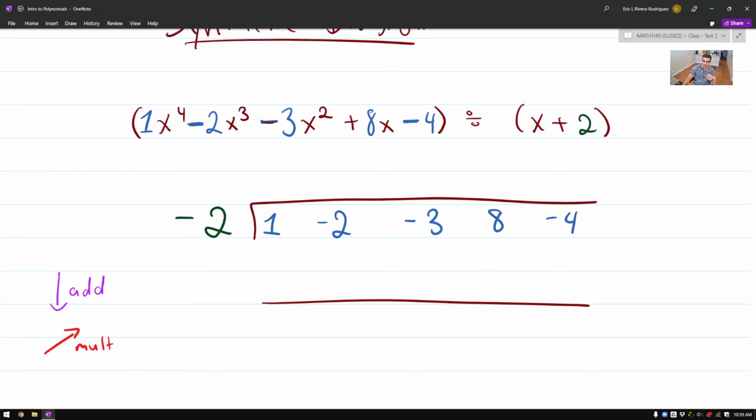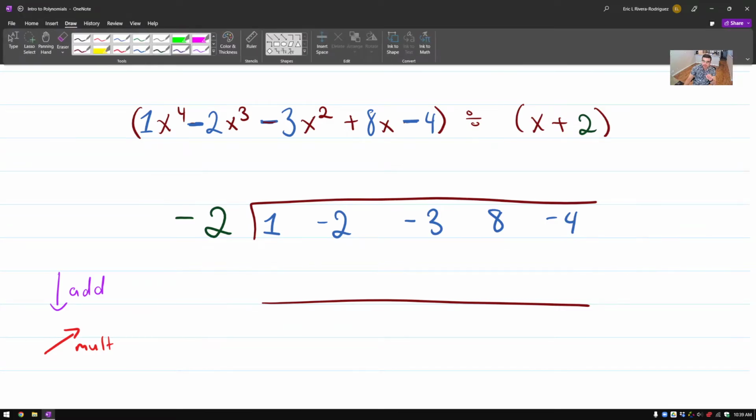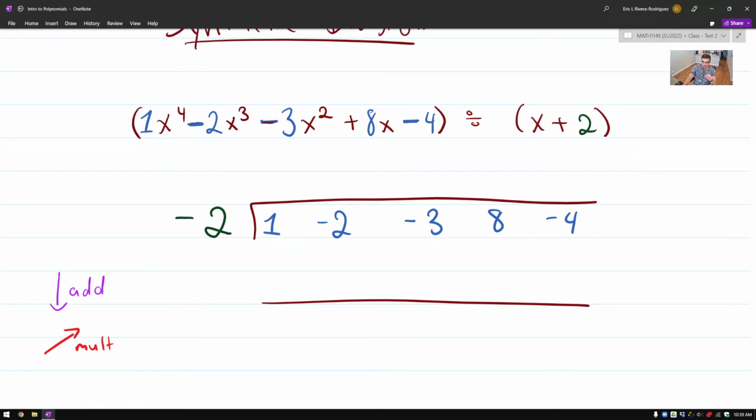Okay, so down we add. We start with the numbers in this house here, from left to right. So 1. We go down, and there's nothing here, so that means that we just got 1.